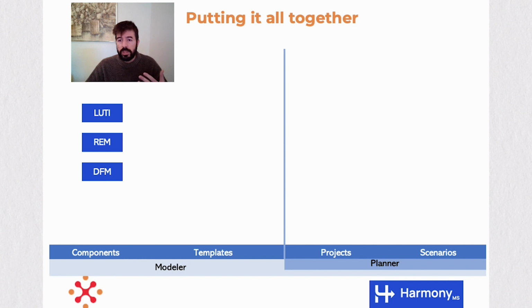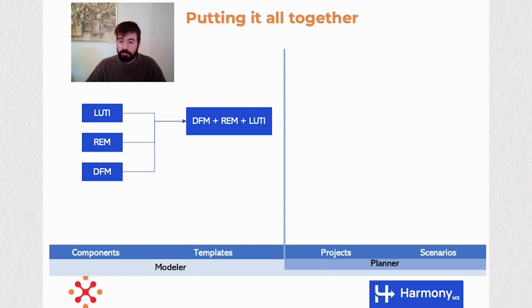So, putting it all together, in the MS, you will have several modeling components. Here we see 3 of them, and you can combine them in different ways. For instance, you can combine all 3 modeling components. All of those belong also to the strategic level.